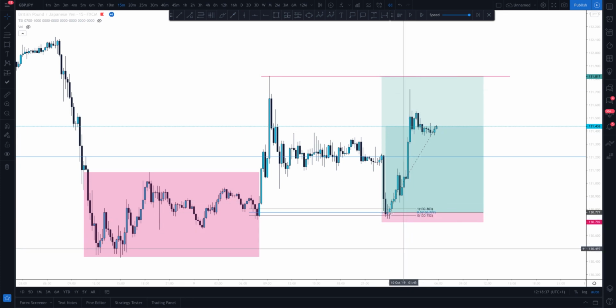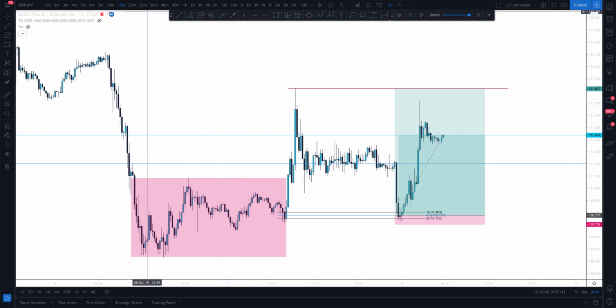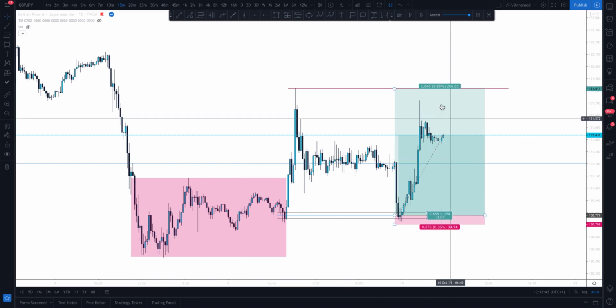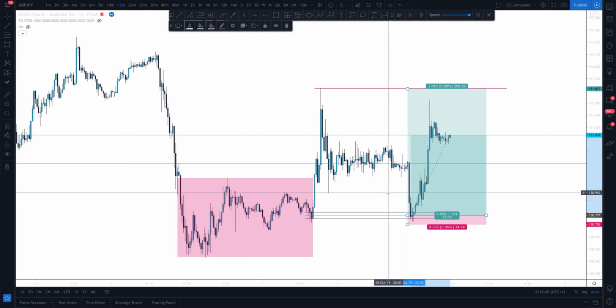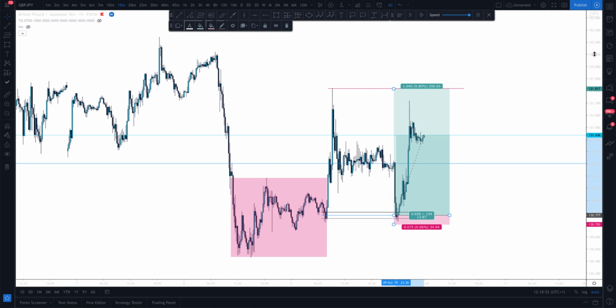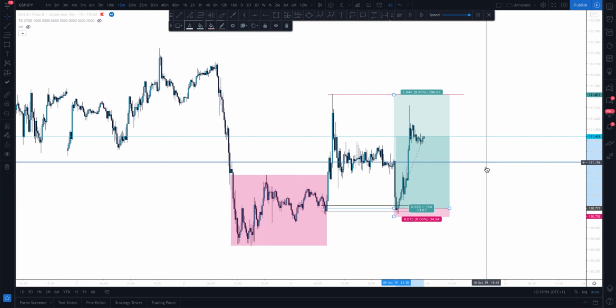This is the kind of reaction you're looking for. And just to show you, this was a 13% trade, and let me just play to give you an understanding of how this happened. Actually, let me just quickly check something.